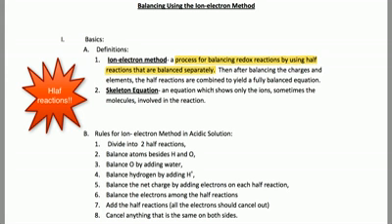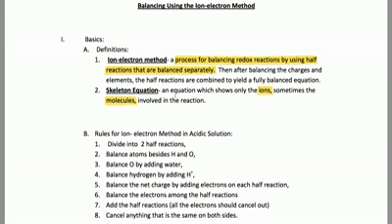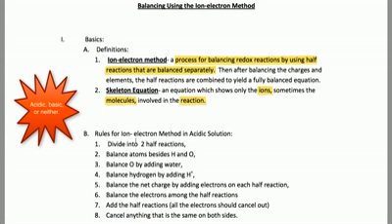So the skeleton equation only shows the ions and sometimes molecules, because some things don't ionize in solution, involved in the reaction. So when we're doing these, there's a series of steps: an acidic solution or basic solution.